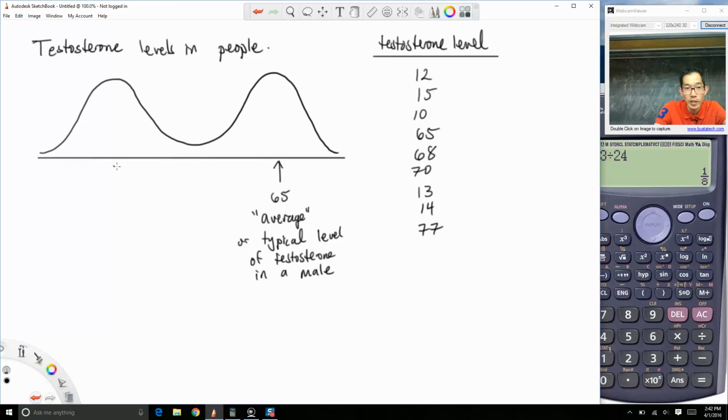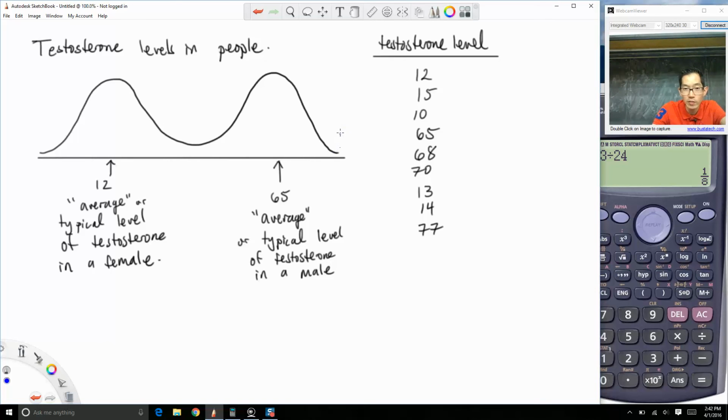Okay, and then values over here, so let's say 12, this can be thought of as the typical average level of testosterone in a female. Okay, but of course there's variation all across the board.